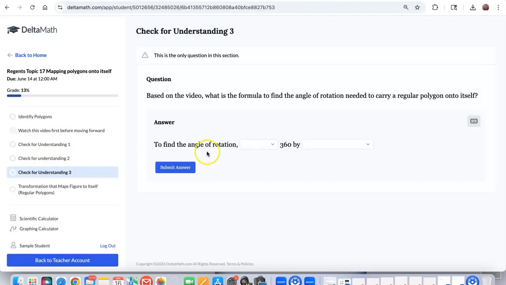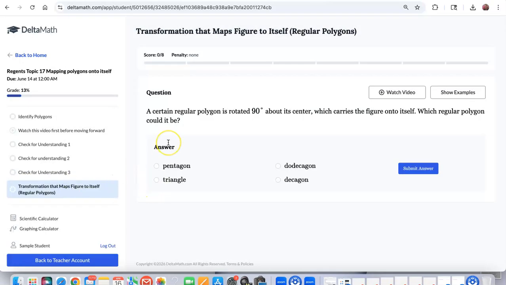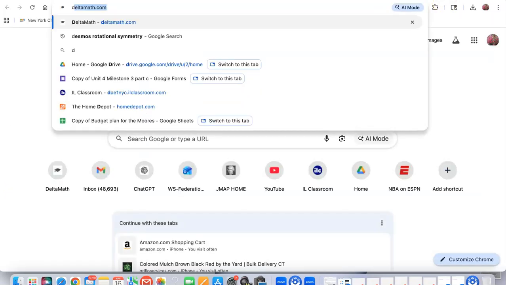And then the same thing for this, you're going to fill in the blanks to find the angle of rotation or the minimum number of degrees. What did we do in the formula, right? And then you're going to pick one of these, and then you're going to work on these questions, all right? Again, if you're not sure about the sides, like a dodecagon, you could always look it up in Google.